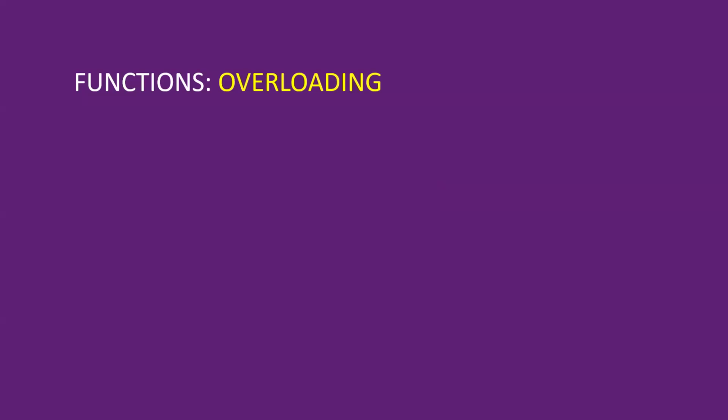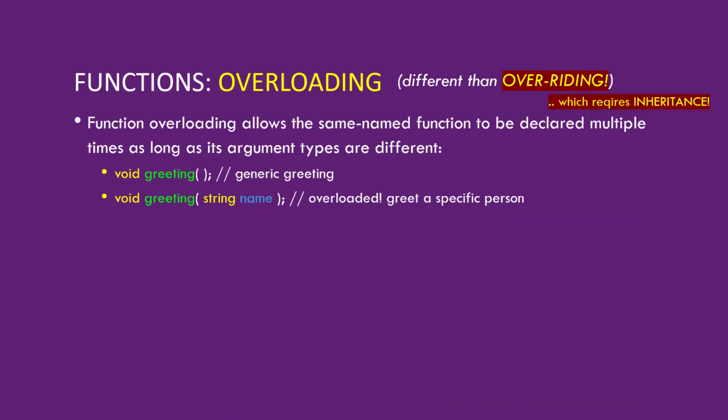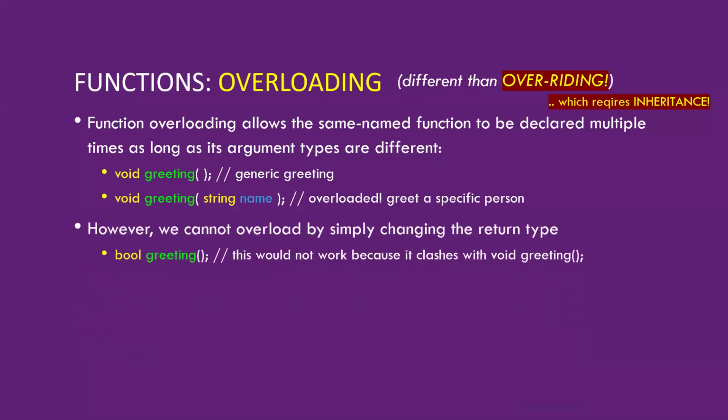The difference between overloading and overriding. Overloading is when we are using the same name of a function with a different function signature. And the function signature primarily comes from the argument list, not the return value. So we have to have a different function signature in order to do the overloading.